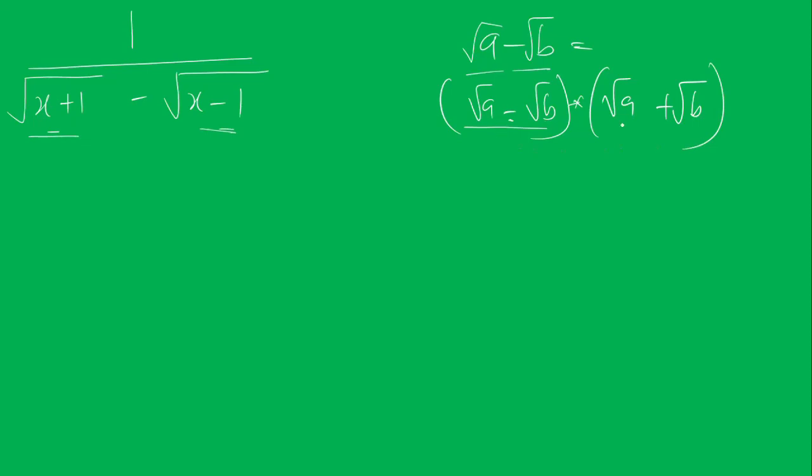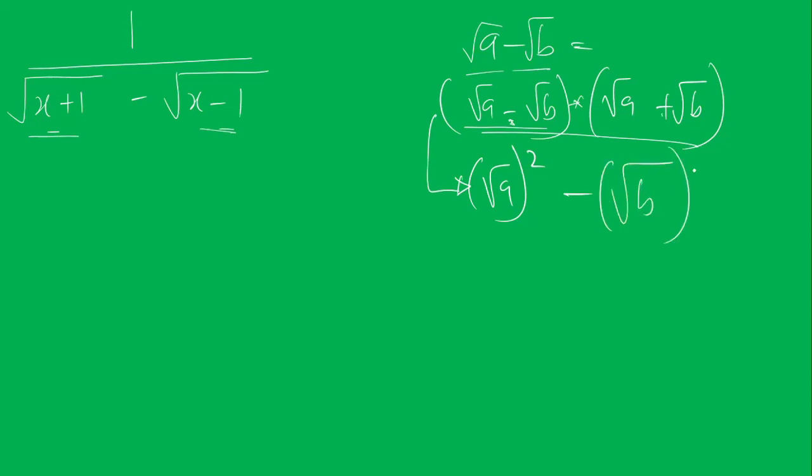So if it is plus, here will be minus. If the signs between these two are different, the expression will be rationalized, and the answer will just be square root of a all squared minus square root of b all squared.